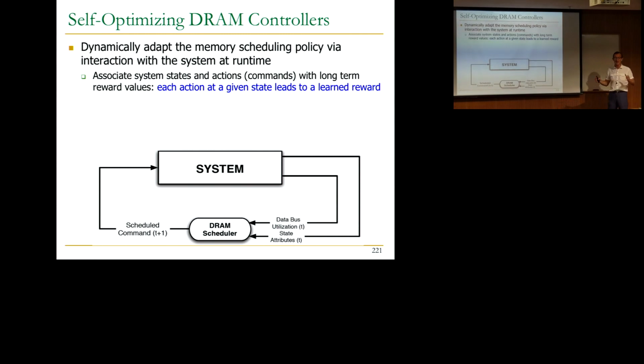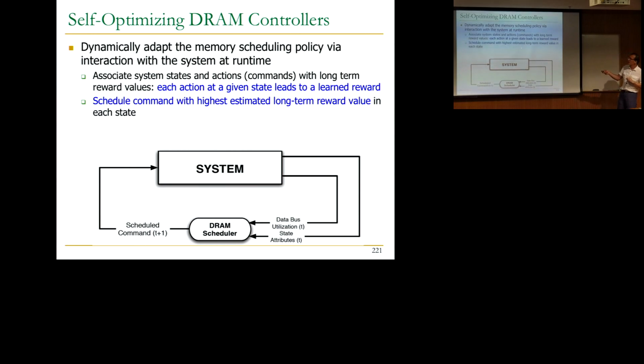Of course, now you need to have some memory to keep these state action pairs. You need to index some sort of table that gives you an expected reward value over the future. And we use a method called Q-learning to take advantage of that. And you can read the paper in detail. Keeping the memory requirements in check is important. And in this case, we actually had a 32 kilobyte buffer in the memory controller, which is not that bad compared to many other machine learning techniques.